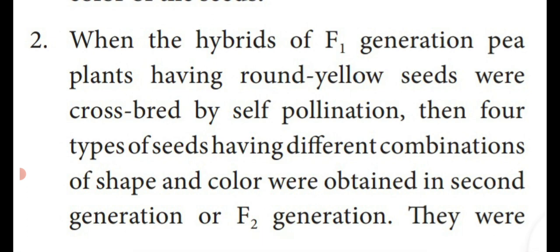The second observation: the F1 generation is self-pollinated. As I told you, round yellow seeds are crossed with another round yellow seeds of the F1 hybrid. They produce different combinations of shape and color of the seeds in the F2 generation.